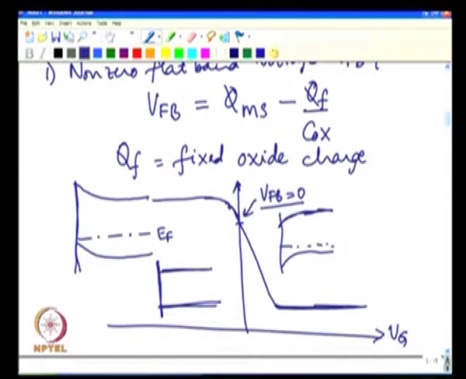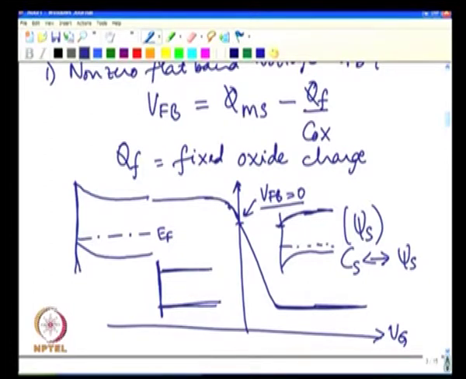In other words, the capacitance value is uniquely determined by psi s. There is a very specific one to one correspondence between the silicon capacitance and psi s, the band bending. As long as you have the same psi s, you will get the same capacitance, that is the message, because it is only the silicon capacitance that is variable, the oxide capacitance is not variable.